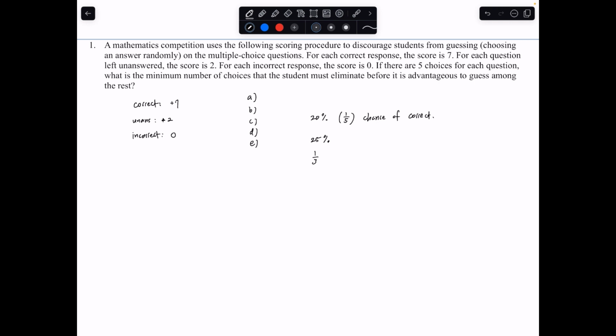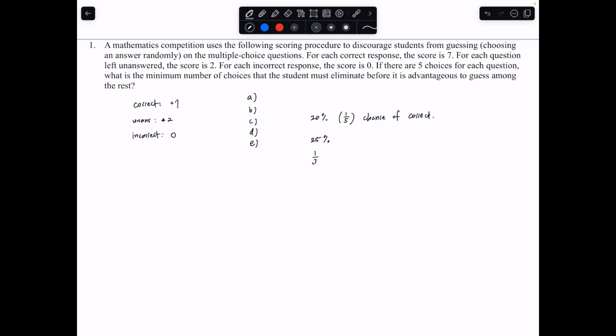And so given this condition, how many answer choices should we eliminate so that when we randomly guess, it's always expected to get us a higher score than if we were to leave it unanswered?